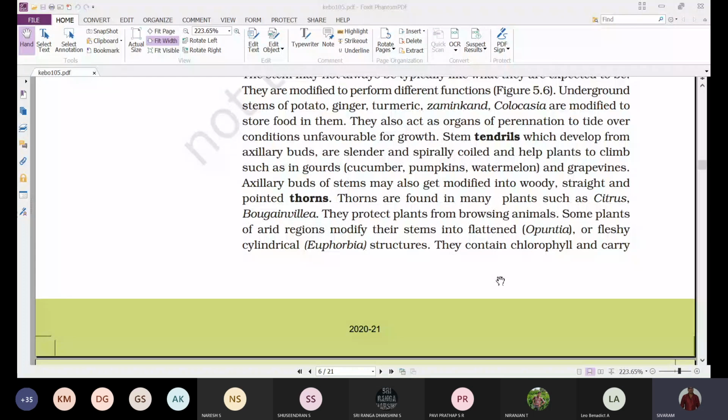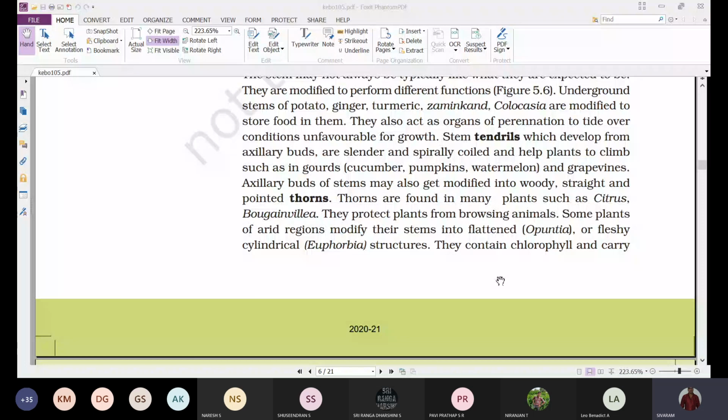In some, the tendril might be formed from the leaf. In some, it might be produced from different parts like the axillary bud or terminal bud. In some, the terminal bud is modified, in some the axillary bud is modified, in some the stipules are modified into tendrils, and in some the lamina or the petiole is modified into a tendril. Like this, in different parts.